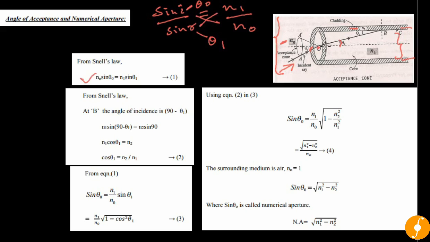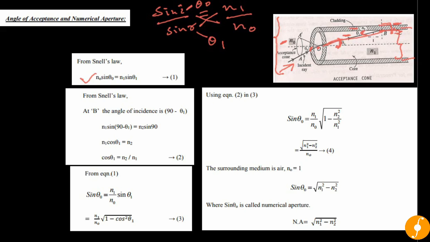Now if we talk about this ray which is striking the core-cladding interface, because this angle is theta 1, this will also be theta 1, and the ray is going parallel to the interface. So it is making a 90-degree angle with the normal at point B. Here, the angle of incidence will be the angle with the normal, and the angle of refraction will be 90 degrees.